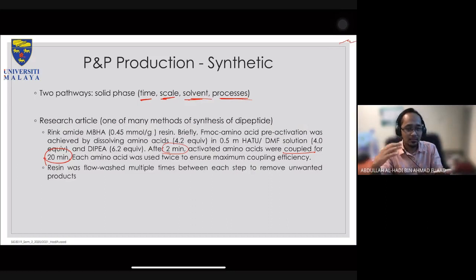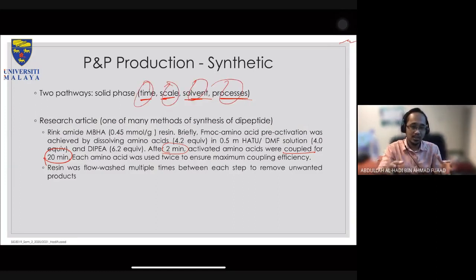So these are some of the pros and cons of doing a chemical synthesis of peptides and proteins, comparing a solution synthesis approach and a solid phase approach. You can read it at your own time and see the differences. The critical bit for this section is to know these 4 keywords.